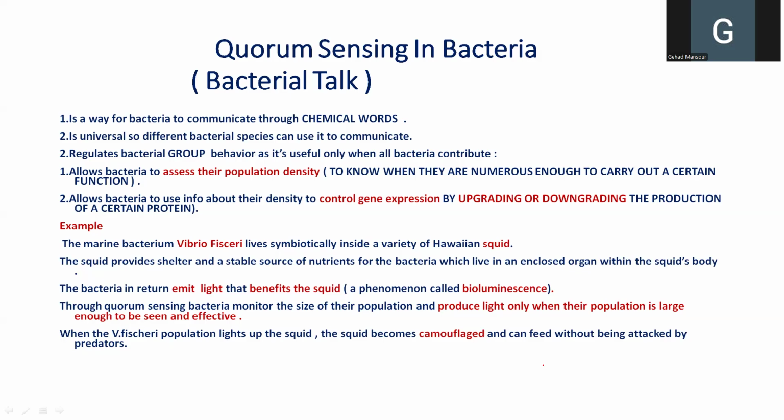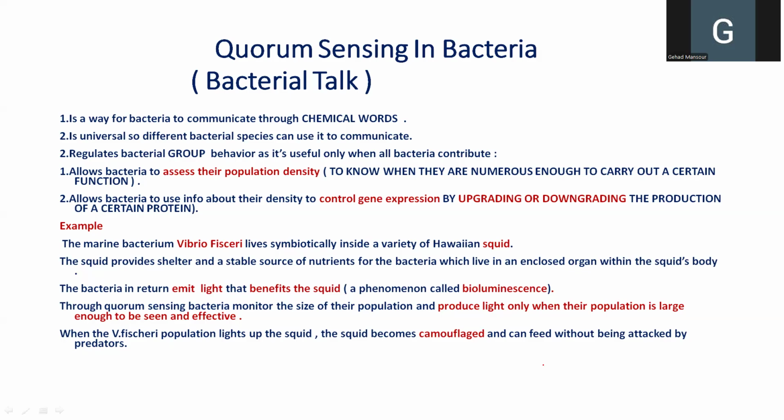This is the importance of quorum sensing: a single bacterium cannot make the decision of producing light, because if a single bacterium produces light, it will be very faint, will not be useful to the squid, and would be a waste of energy.